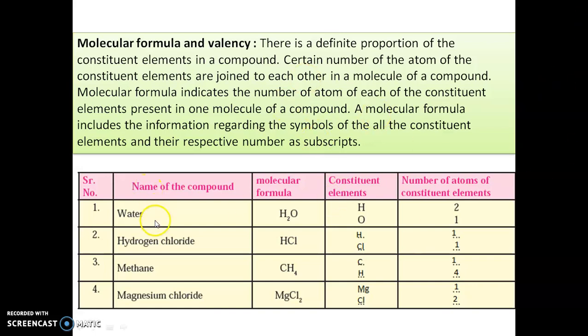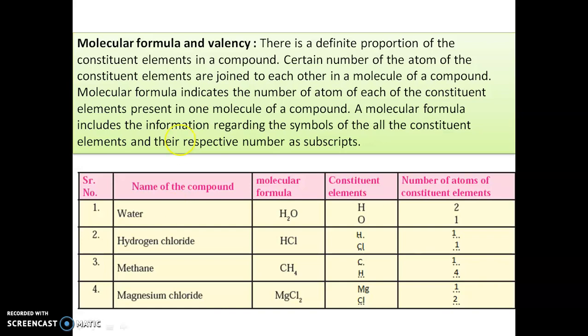We all know that water is a compound which is made up of two atoms of hydrogen and one atom of oxygen. So this is a fixed proportion of constituent elements in water. A molecular formula indicates the number of atoms of each of the constituent elements present in one molecule of a compound.